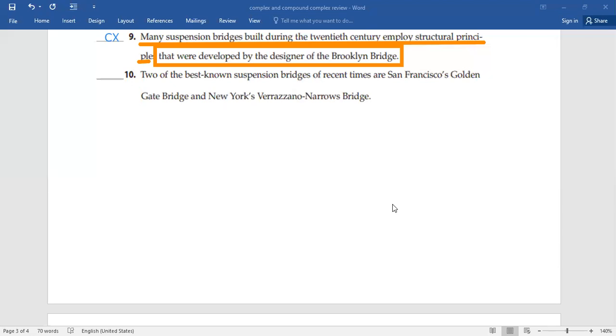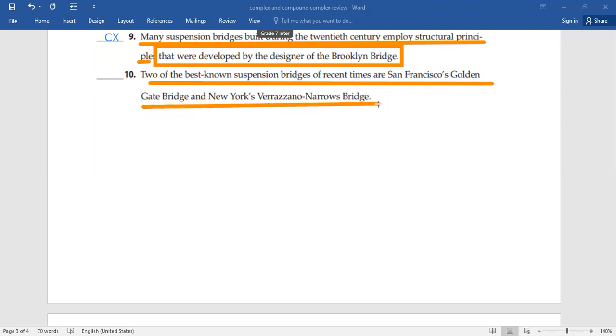So this whole thing is just one big independent clause, right? So what kind of sentence structure would that be? You only have one independent clause.